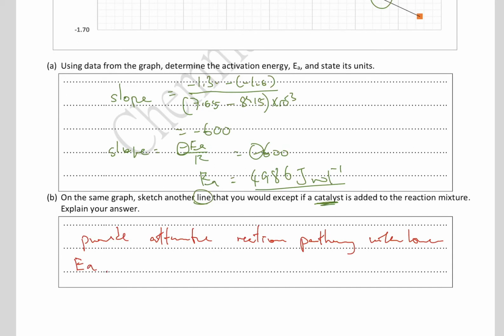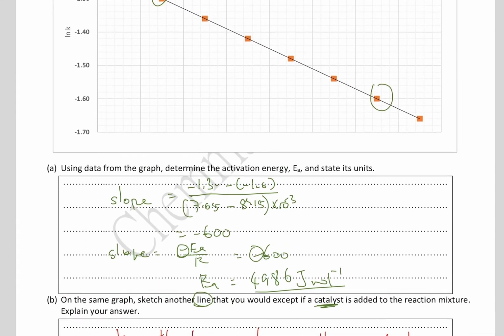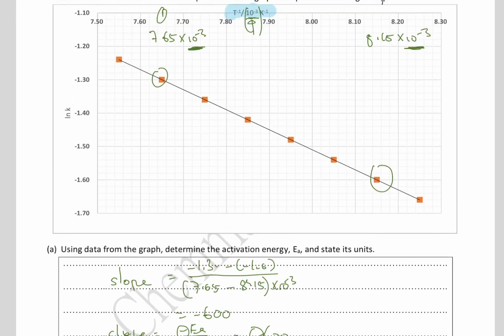And then with a lower EA, based on the slope we calculated above, which is equal to negative EA over R, the slope should be increased. Or you can say technically it should be less negative, because the value of EA is smaller, so the magnitude of the slope should be smaller also. That means when we draw the line, you should draw something more horizontal. That means we have a lower slope. Then technically we can draw something like that.